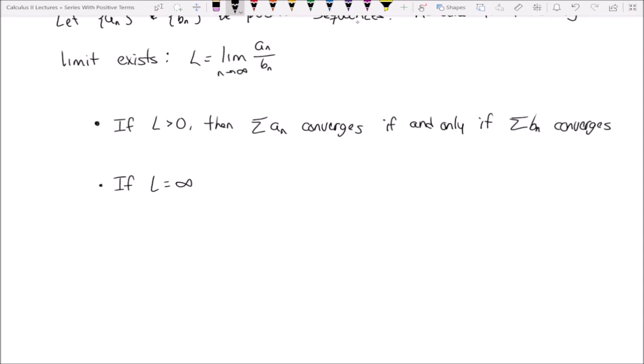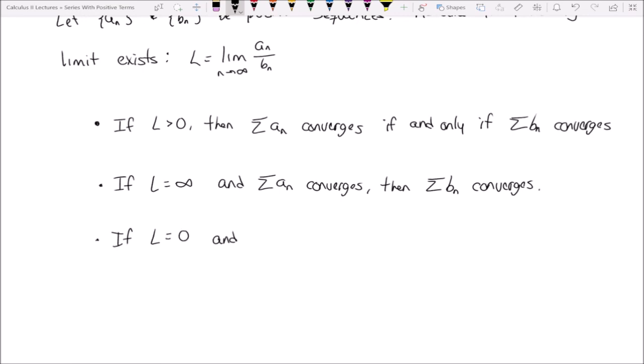If L is infinite, and a sub n converges, then b sub n converges. Finally, if L is equal to 0 and b sub n converges, then a sub n converges.